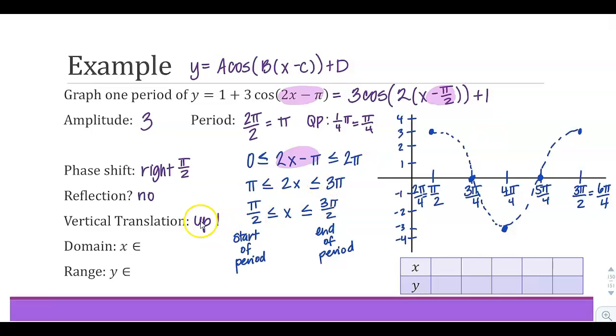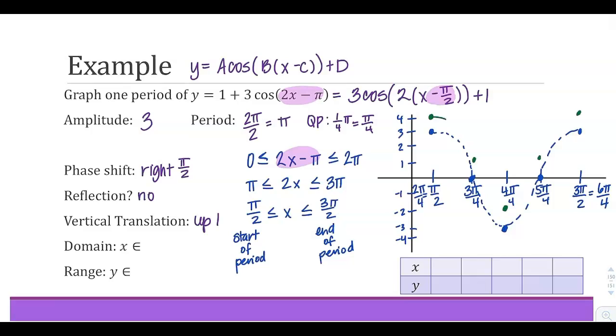So we said that this whole graph has to move up 1 unit. So I'm going to take each one of these coordinate points and move it up 1 unit. So pi over 2, 3 is going to shift up to 4, 3 pi over 4 is going to shift up to 1, 4 pi over 4 is going to shift to -2, 5 pi over 4 will shift to 1, and 3 pi over 2 will shift to 4.